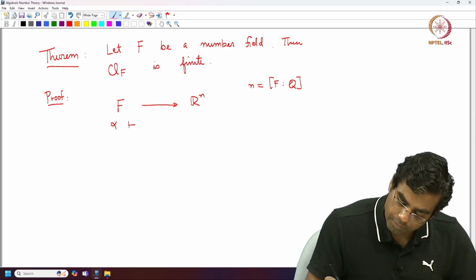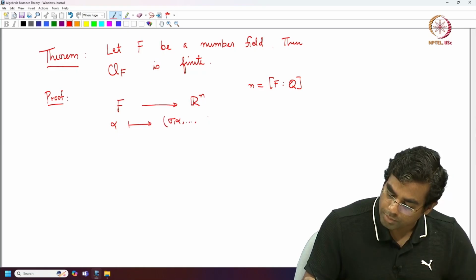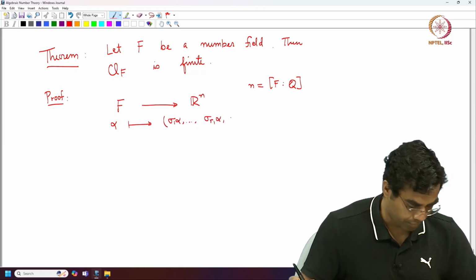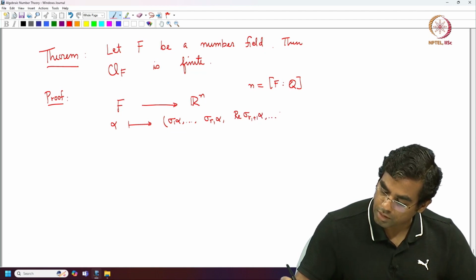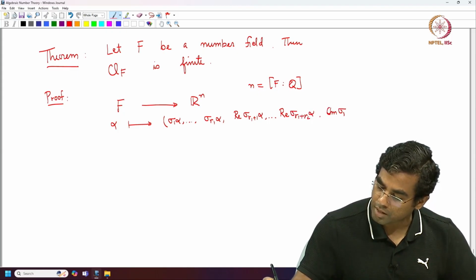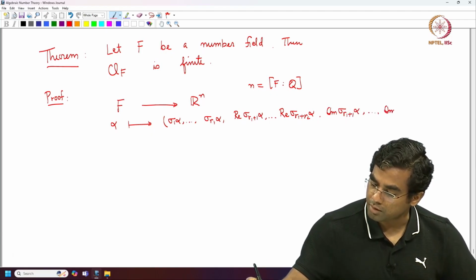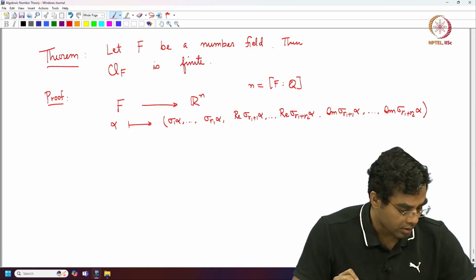It takes alpha to sigma 1 alpha and so on up to sigma r1 alpha, and then real part of sigma r1 plus 1 alpha and so on up to real part of sigma r1 plus r2 alpha, and then imaginary part of sigma r1 plus 1 alpha and so on up to imaginary part of sigma r1 plus r2 of alpha. Okay. All right.